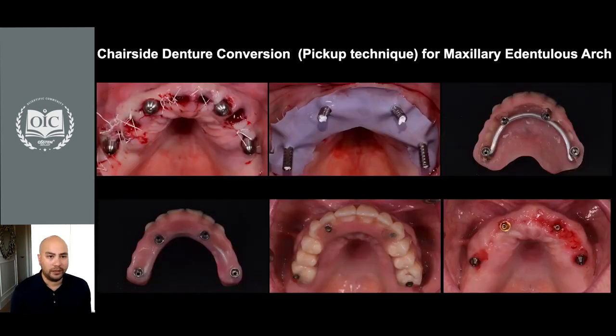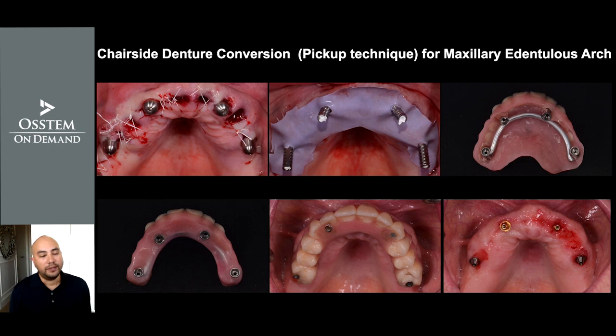Let's look at this conventional case, an upper arch. After surgery, we isolate the residual ridge with rubber dam, and then we place titanium cylinders and cover the access holes with some PTFE tape.